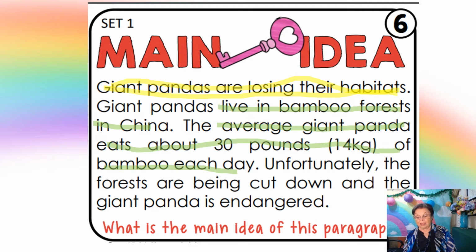I'm going to highlight that in another color so that we know it's the second supporting detail. So far, we have found two supporting details. You need at least two. Three is better. So let's see if we can find another one.